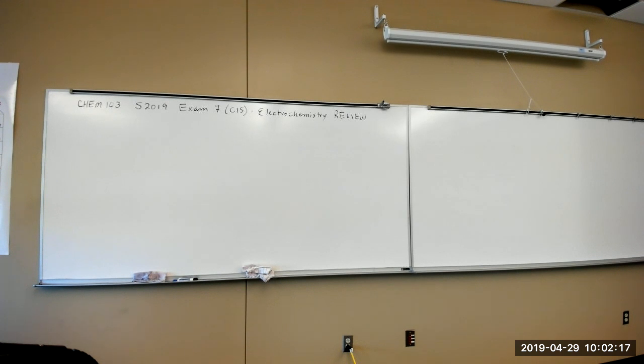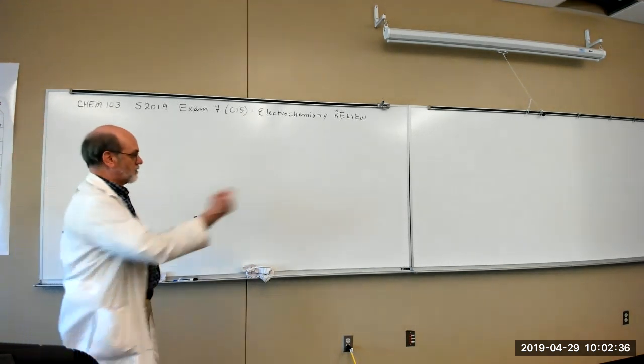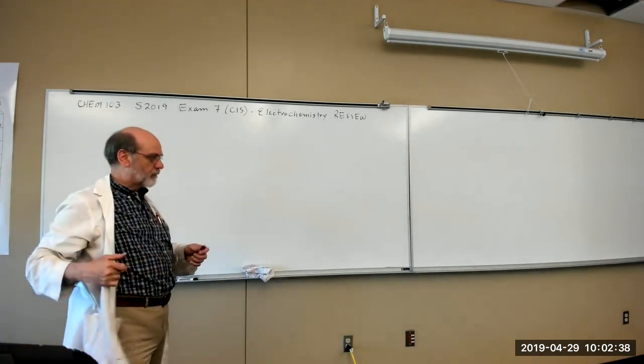About the only thing left is running a reaction in reverse, making an electrolytic cell. When you say electrolytic, that really is referring to taking it the other way. Yeah.